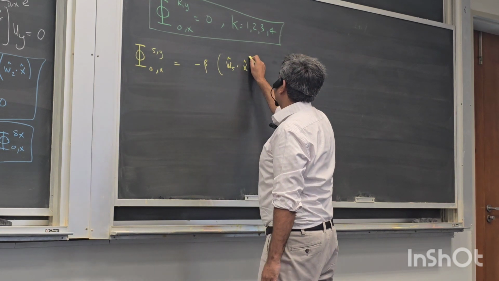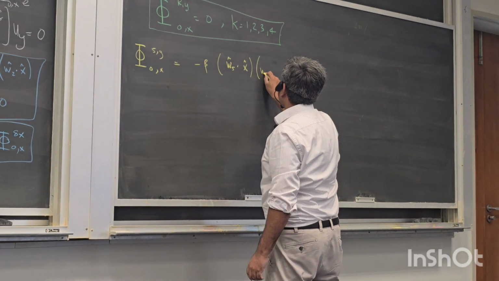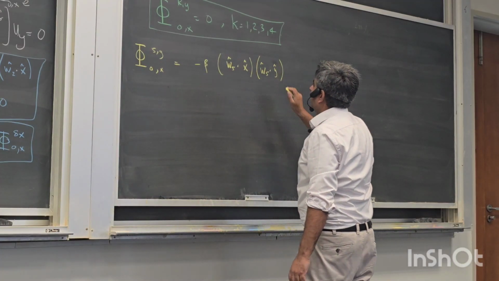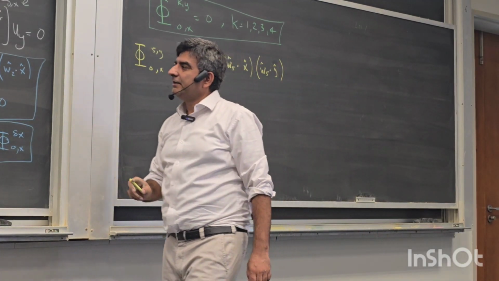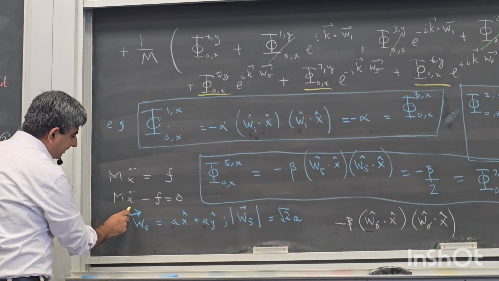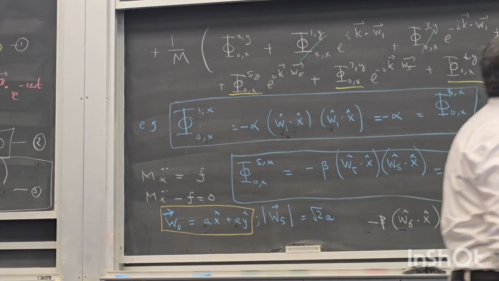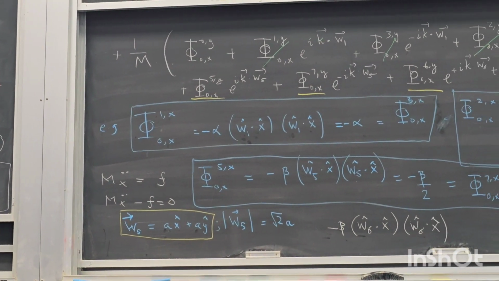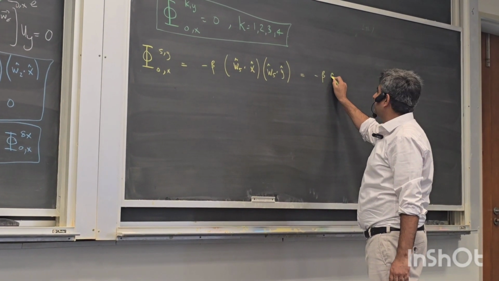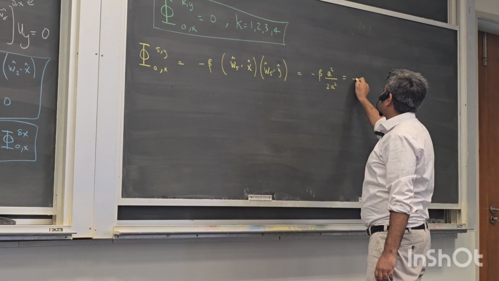Once I take the dot product with x and once I take the dot product with y. Now W5 itself is given over here, right? This is my W5. So this yields minus beta a square over 2a square, minus beta over 2.